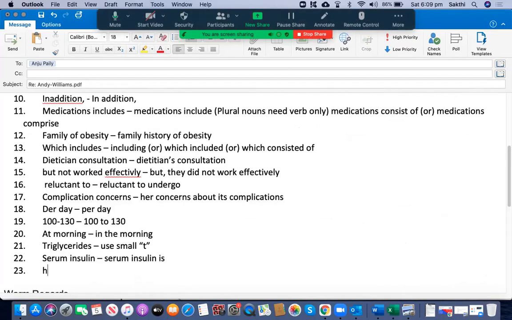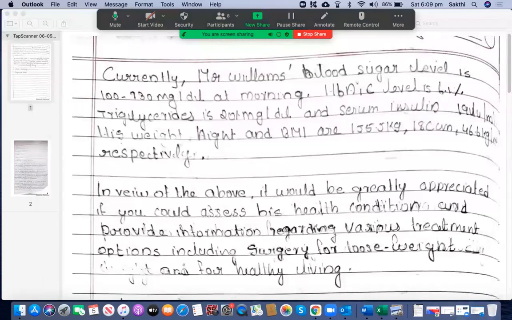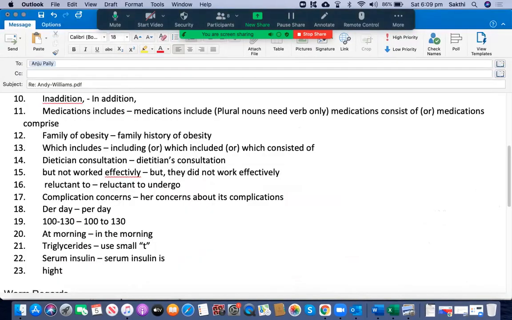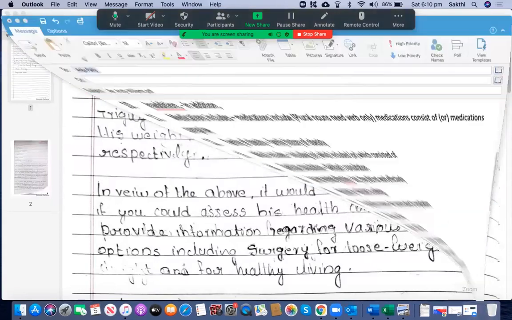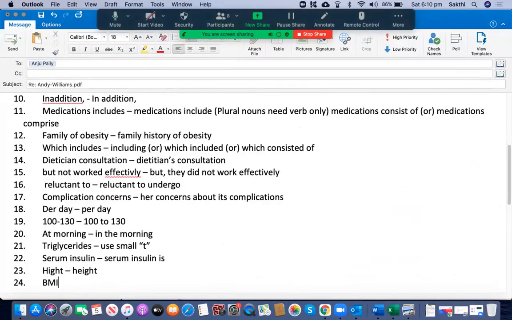Okay, but the problem is this one, height. You have used HIGHT. That's wrong. That's a spelling mistake. It is H-E and then I-G-H-T. I'll show you that. See, HEIGHT. That's correct. This is wrong, the one that you have written down. And BMI needs to be expanded as body mass index.